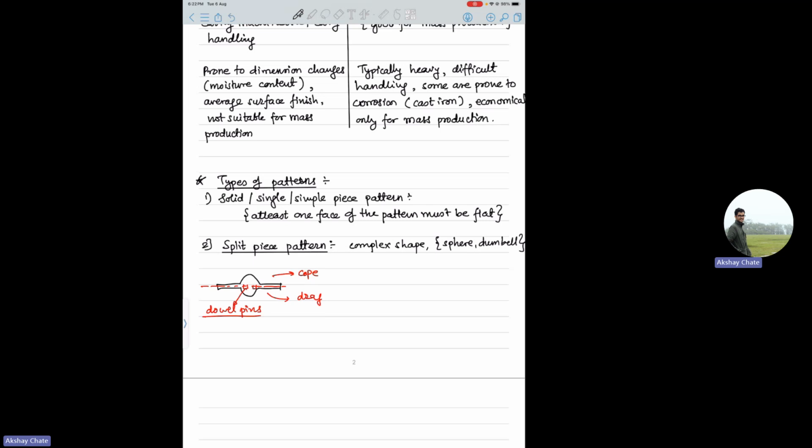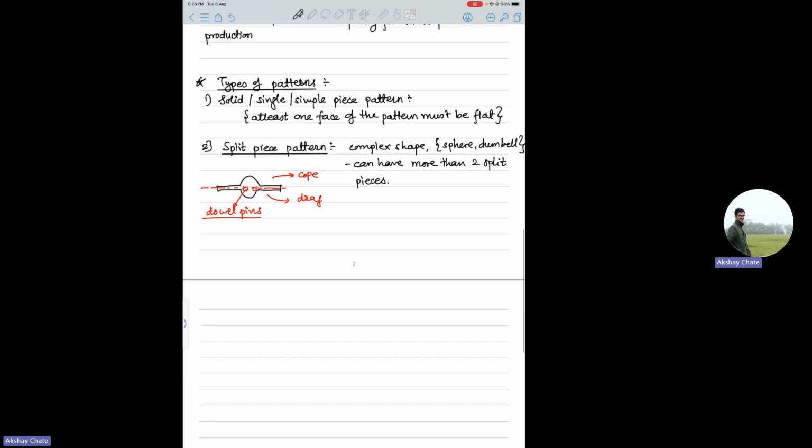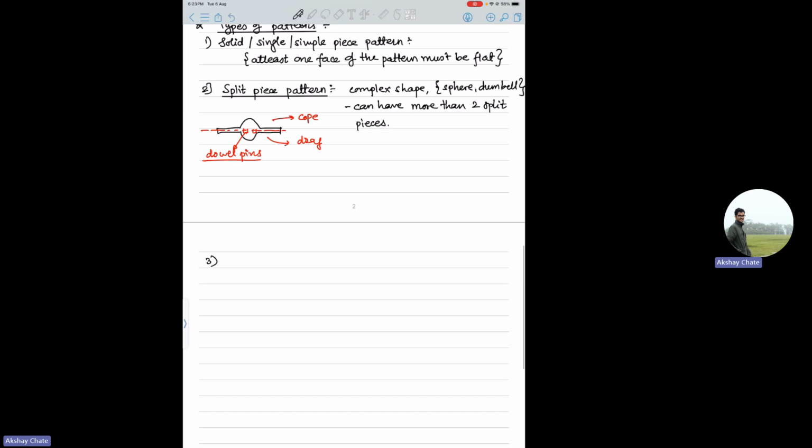And the important thing to remember is that it can have more than two split pieces. In this image I have shown you the ones which have cope and drag, but it is not necessary. You can have more than two, depending on the shape that you want to cast. That is the main objective of this point.